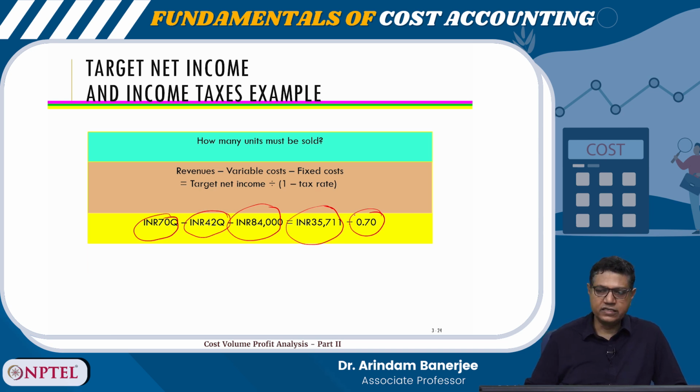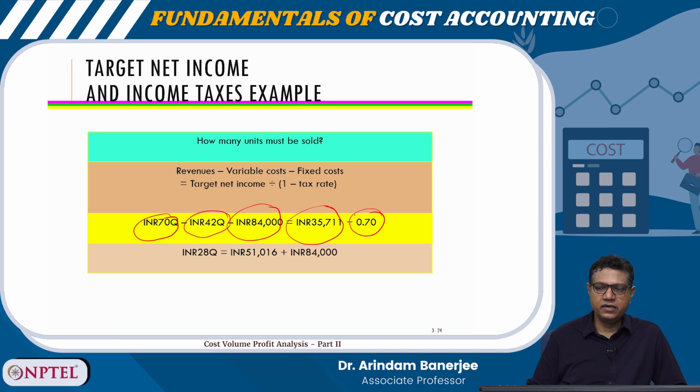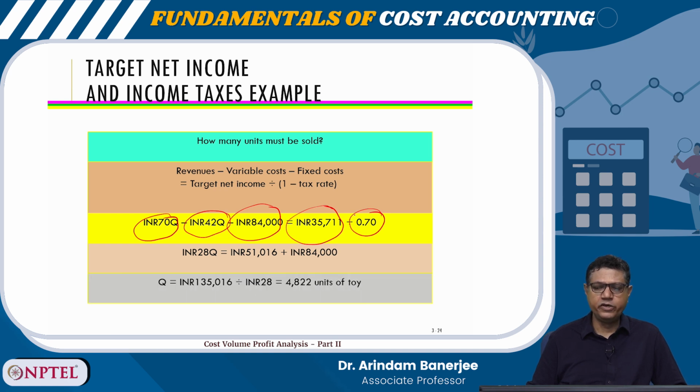If I solve this, I get INR 28Q is equal to rupees 51,016 plus 84,000. So Q is 135,016 divided by rupees 28.